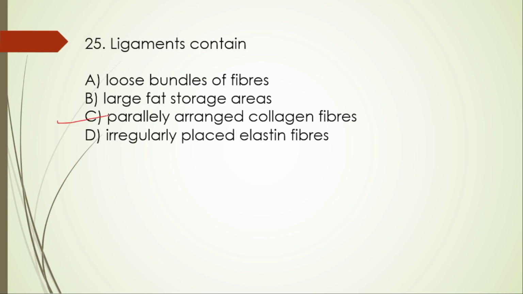So here the right option is option C, parallelly arranged collagen fibers. Ligaments are actually a type of dense regular connective tissue. Their structure is specialized for connecting bone to bone, and they provide stability to the joints.